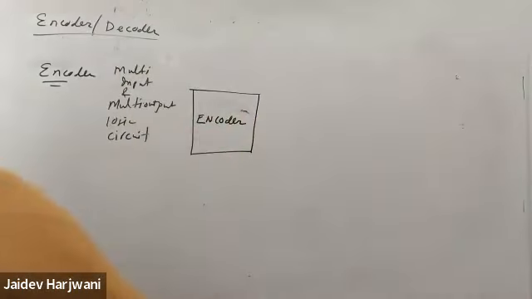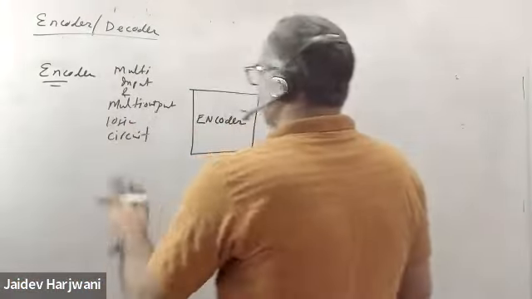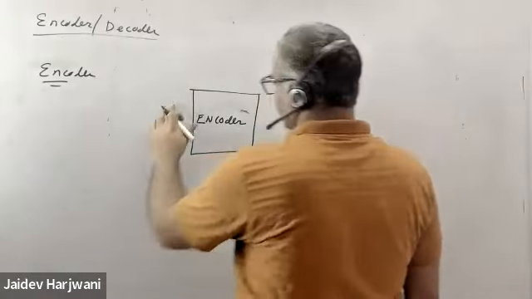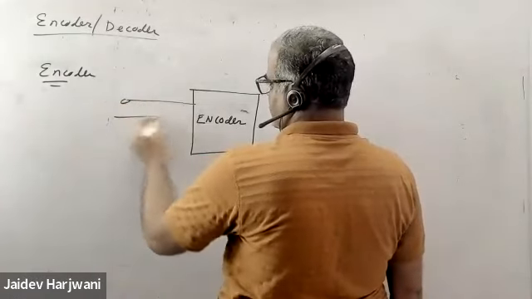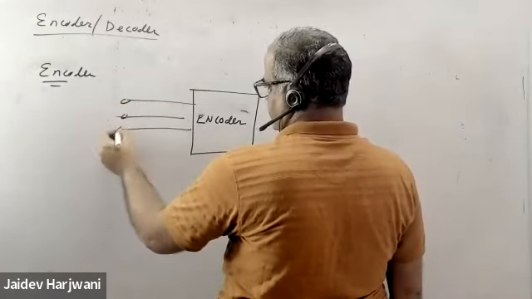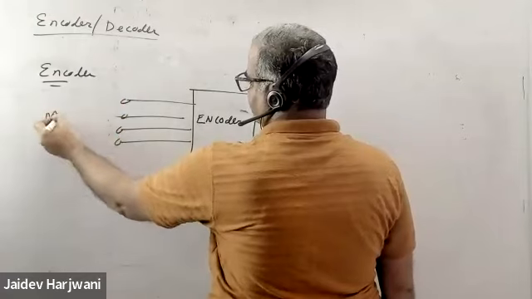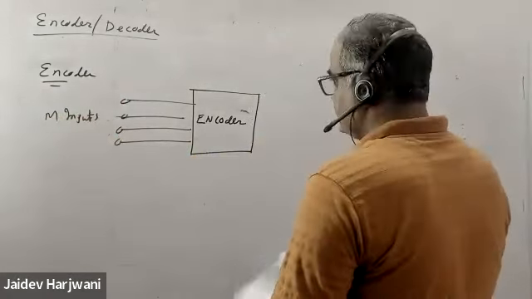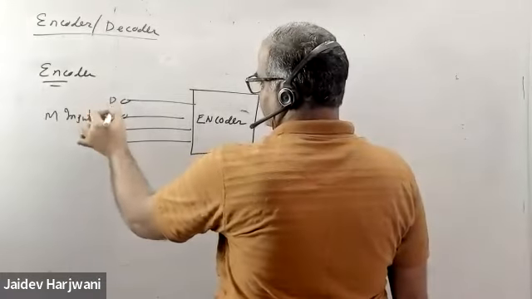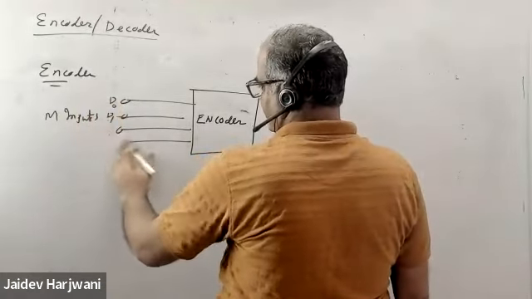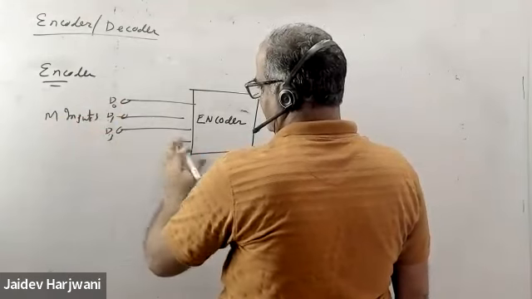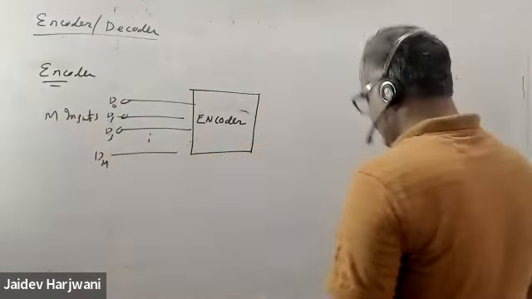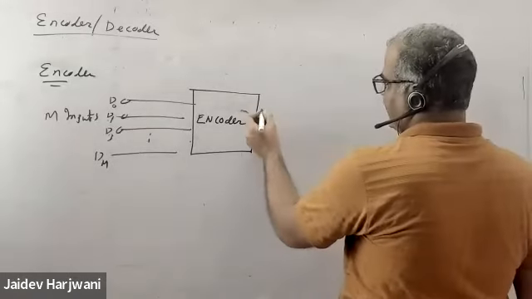For example, it has m inputs, like D0, D1, D3, and so on up to DM. And it has an n bit output.